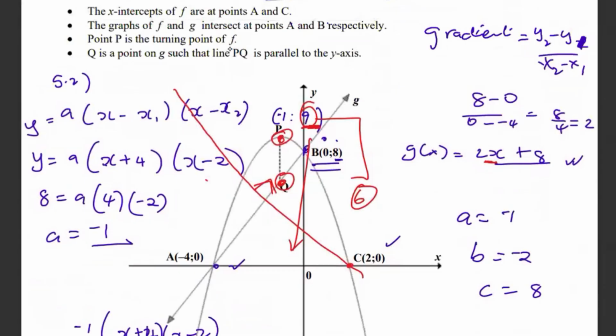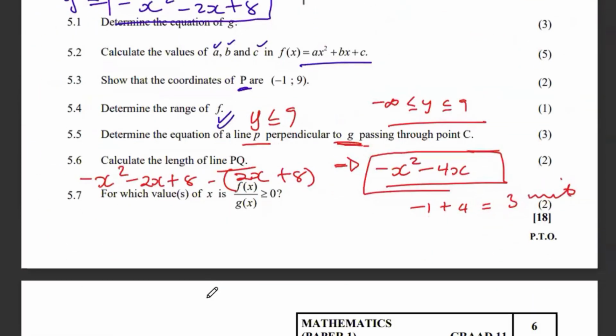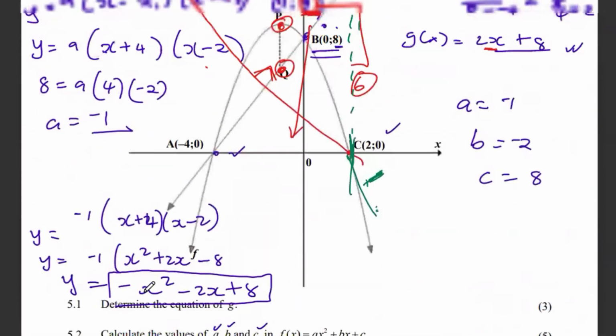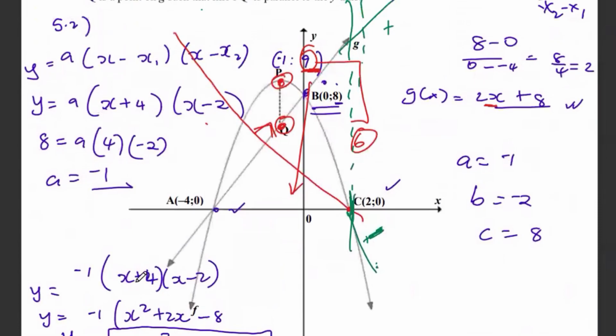Where's that section? You see this section of these two. This graph is above the x-axis, this graph is below the x-axis. One is positive, one is negative. But they're telling us it's greater or equal to 0, which means positive. So both of them need to be above or both of them need to be below.